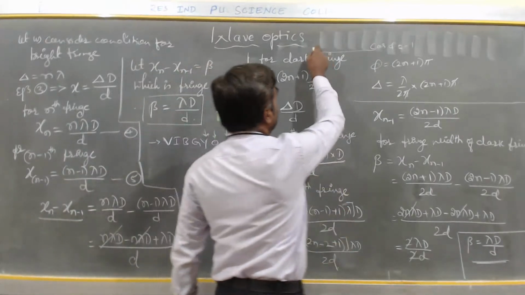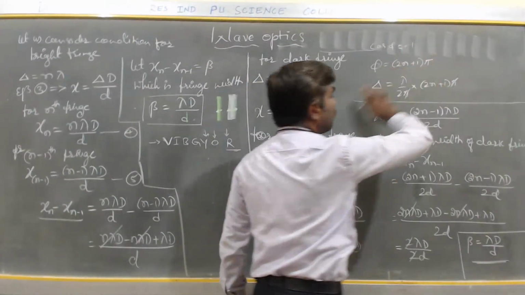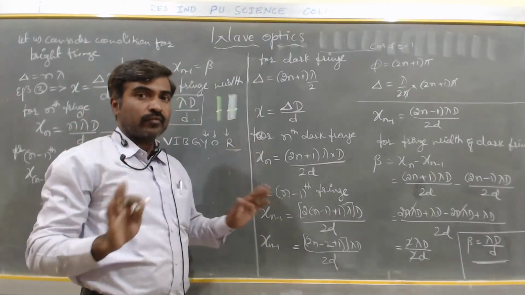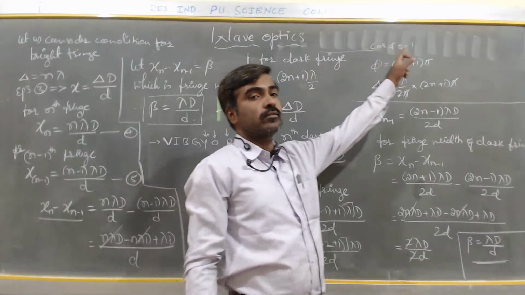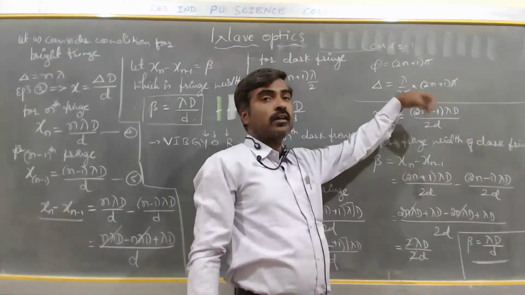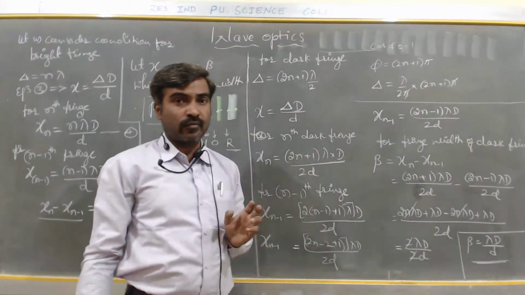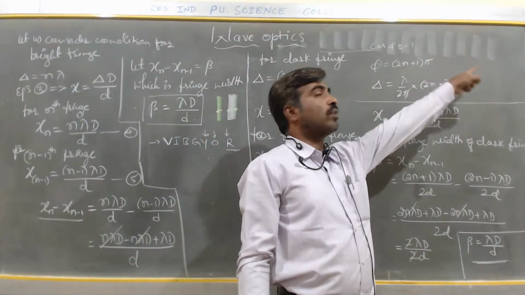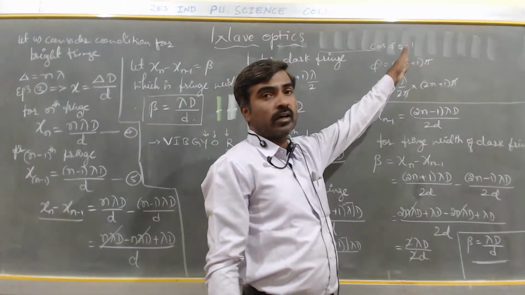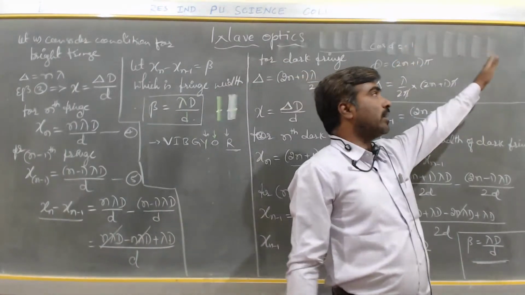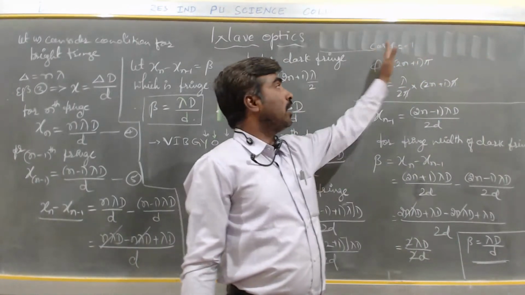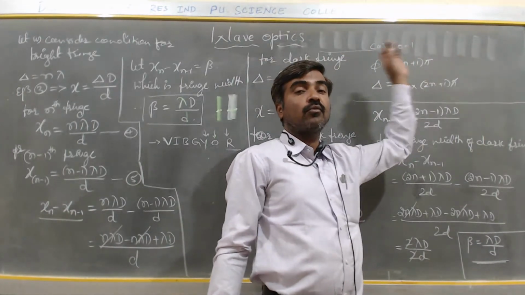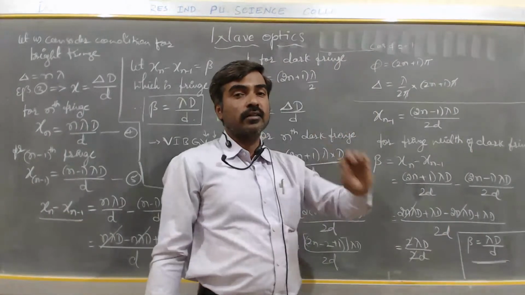From the first end to the last end, all the bright fringes will have equal intensity. There is no decrease or increase in the intensity of the bright fringe with respect to the fringe number. For example, if this is the center one, on either side of the center one, to the right or to the left, all the bright fringes will have equal intensity.